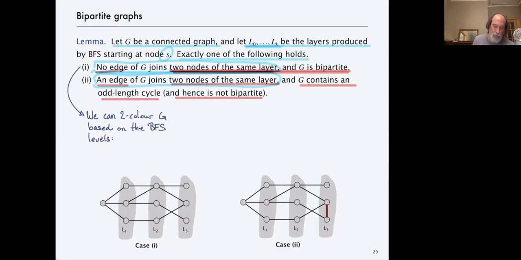Intuitively, this seems reasonable. Suppose this is a breadth first search tree with layers. So we can color as follows. Let me color layer 1 red, layer 2 blue, layer 3 red.